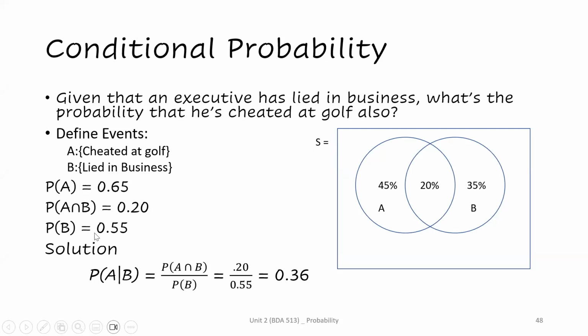So once we know that the probability of B is 55%, and then the intersection is 20%, then it gives us this. Okay, Banana, what if there are outliers in this case? Because this shows that the 100% is in the union. What if there are complements?